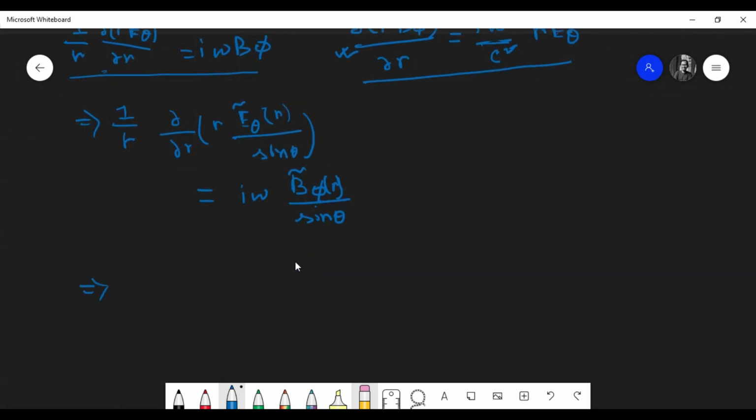Now I will just cancel the sine theta from both sides and I will get this. Now if I take another derivative with respect to the radial coordinate, I get this.